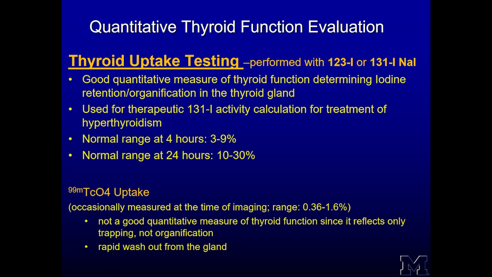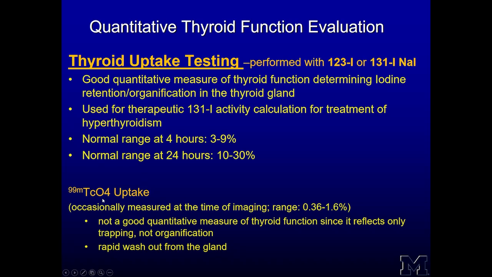The thyroid uptake testing is used for calculation of therapeutic iodine 131 activity for treatment of hyperthyroidism. A normal uptake at 4 hours is 3 to 9%, and the normal uptake at 24 hours is 10 to 30%. Anything higher than 30% will be consistent with hyperthyroidism.